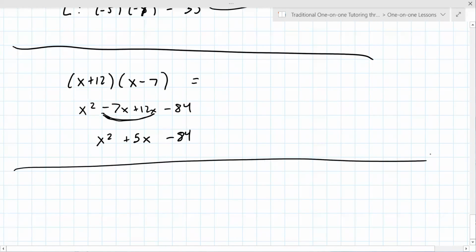Okay. Let's try another one here. Let's go, and then we'll increase the difficulty. We can always do that.